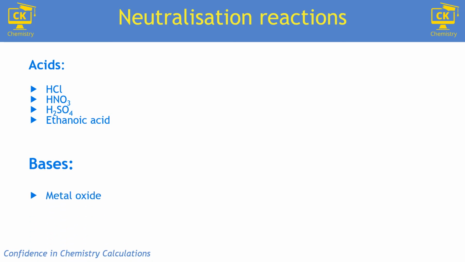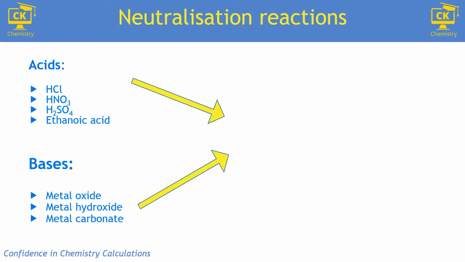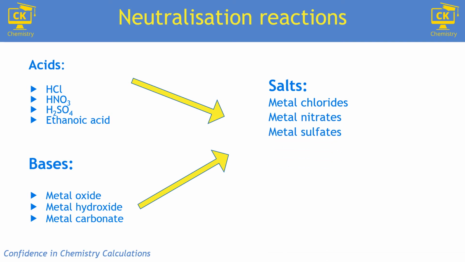And then with our bases, you've got metal oxides and metal hydroxides, metal carbonates. So when they come together, they're going to create particular combinations of products. One thing that's going to be made is a salt, and so hydrochloric acid is going to make a metal chloride salt, nitric acid will make a metal nitrate, and sulfuric acid will make a metal sulfate.